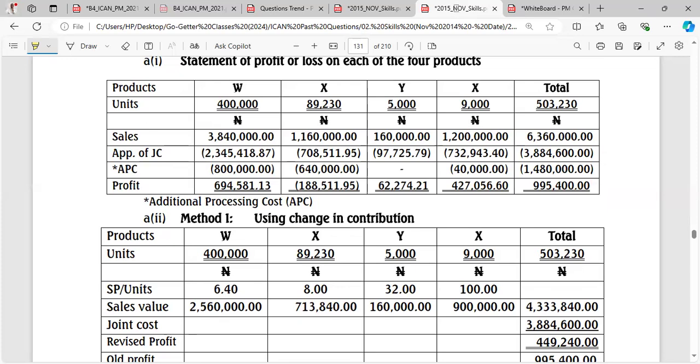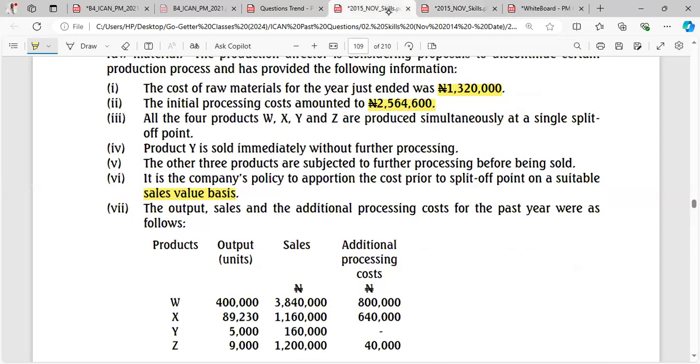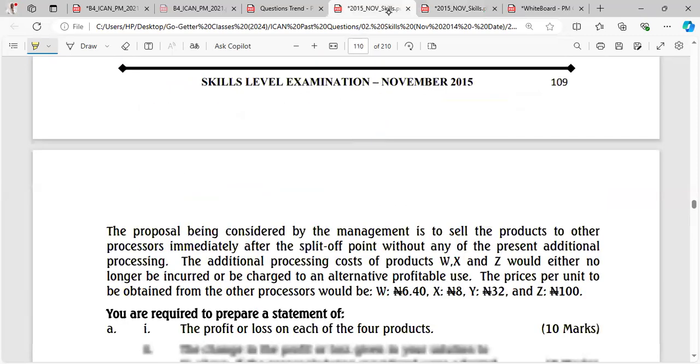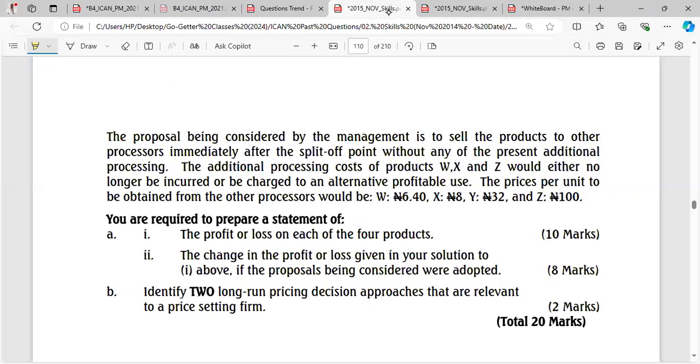So what will happen now? They said prepare a statement of change in the profit or loss given in your solution if the proposals were being adopted.